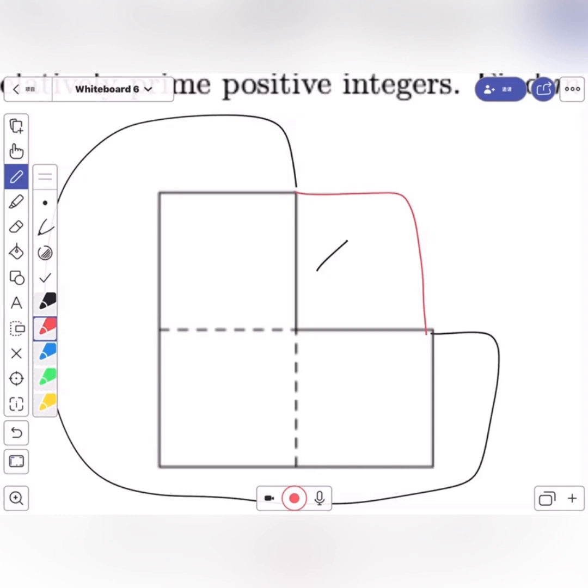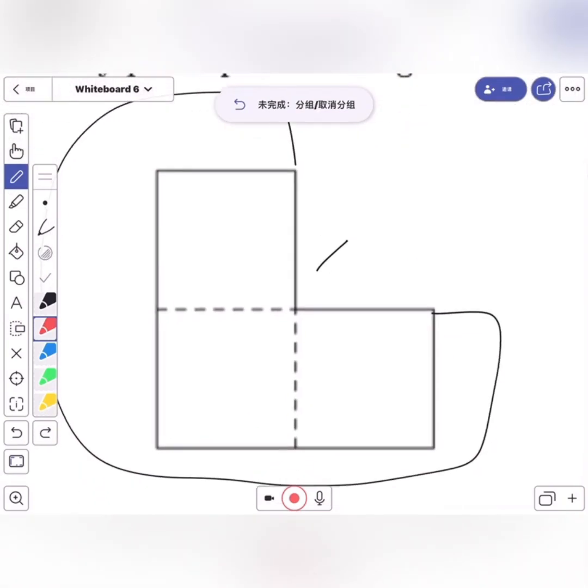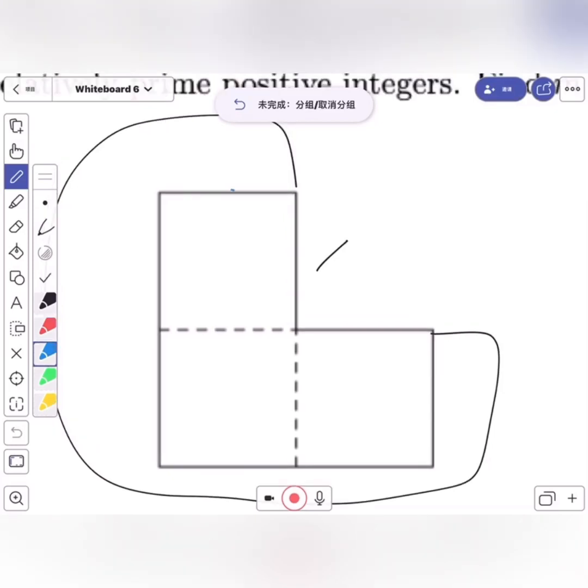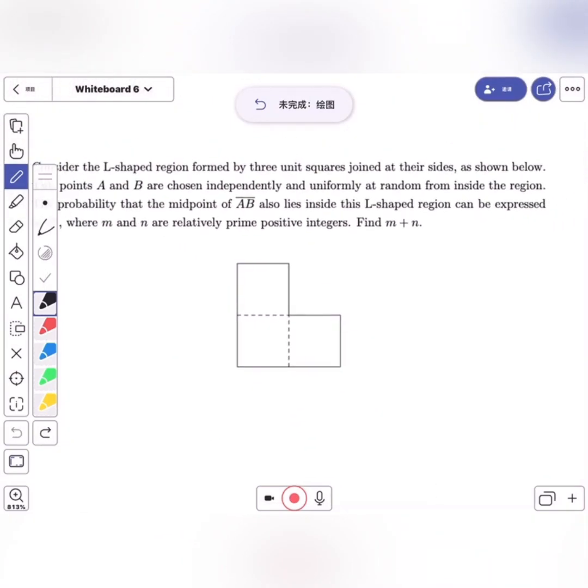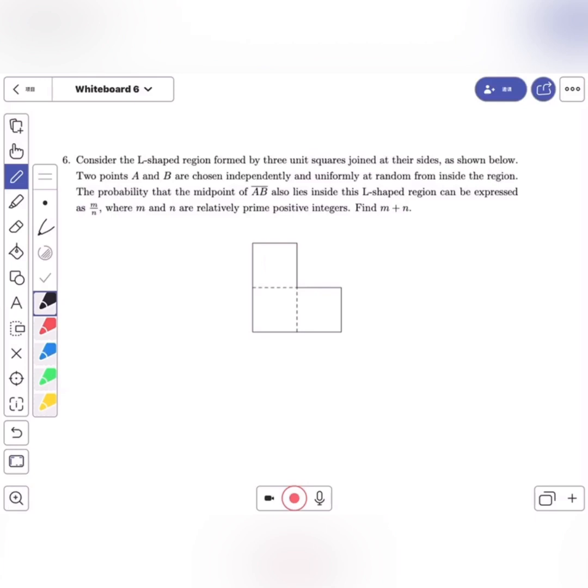So essentially, you can only have one point that's over here and another point here, and then you connect. The midpoint is gonna lie somewhere outside in this kind of missing square. So that's the possibility. Okay, so now we have to consider what kind of distribution would cause 2 points to be like that.